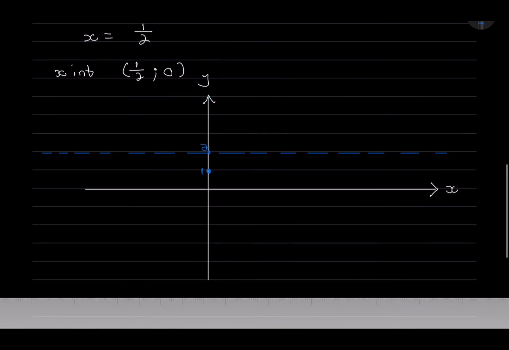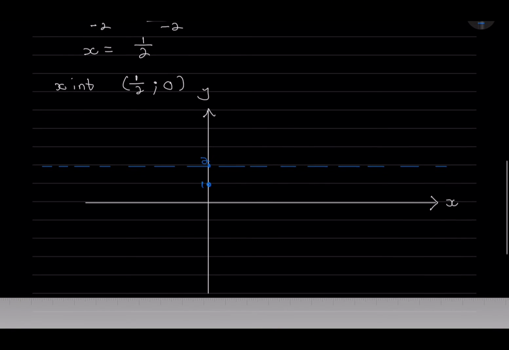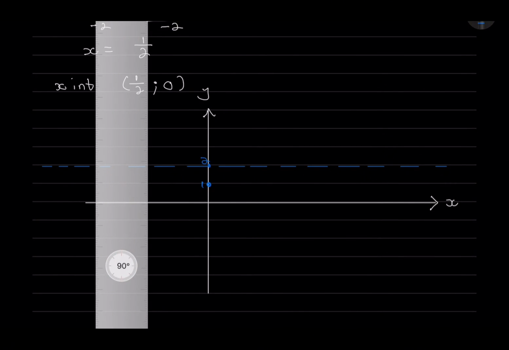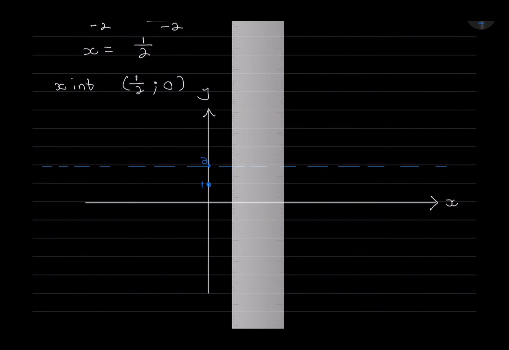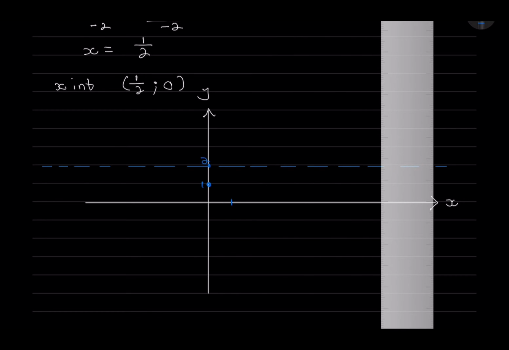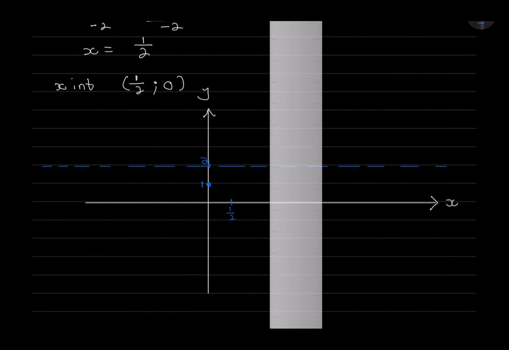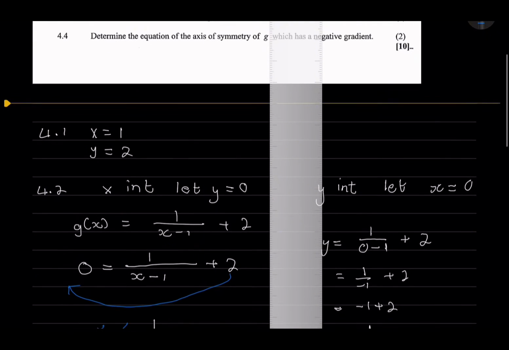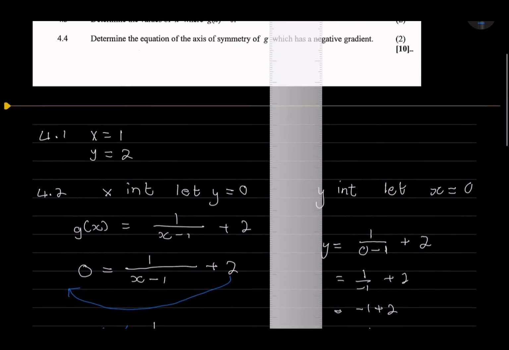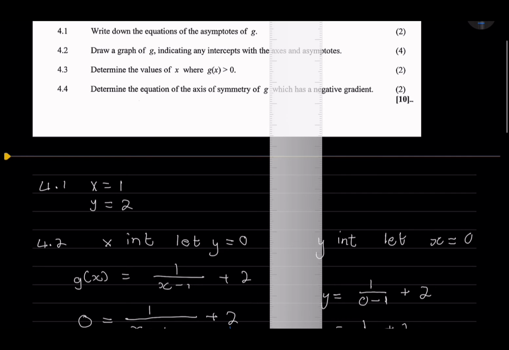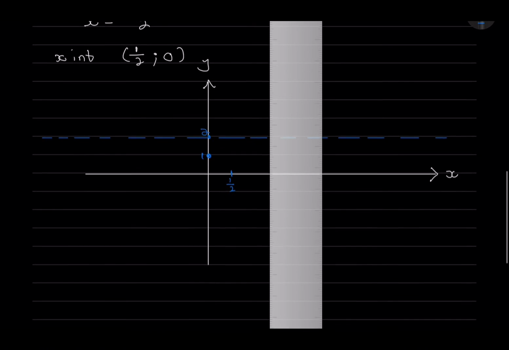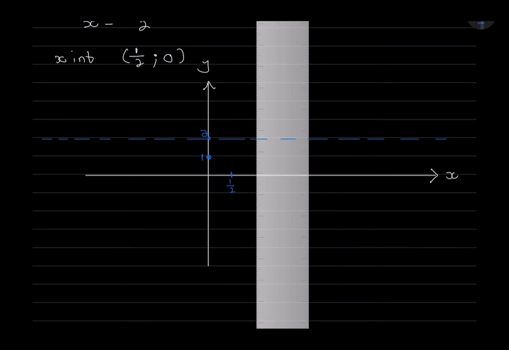And then our x-intercept, let's assume it's here, at 1 over 2. And then our horizontal asymptote, remember, it was y equals 2. Oh, sorry, yes, our vertical asymptote is at x equals 1. So it's here.